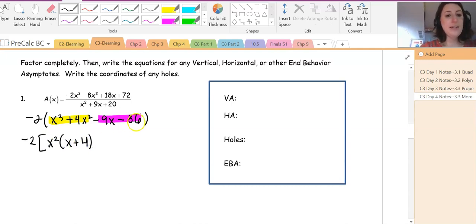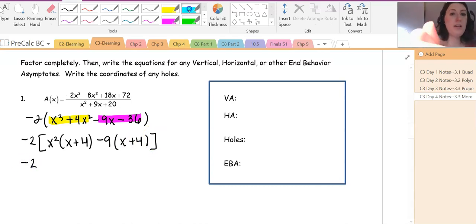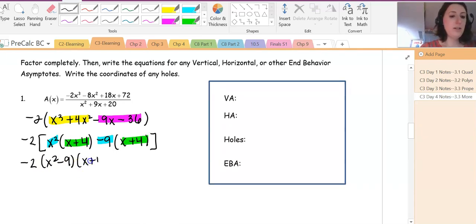And then the second 2 terms, I can take out a -9, and lo and behold, I have an x plus 4 left. So now I can factor by grouping. This becomes x squared minus 9, and the x plus 4. Okay, and then finally you have difference of squares.